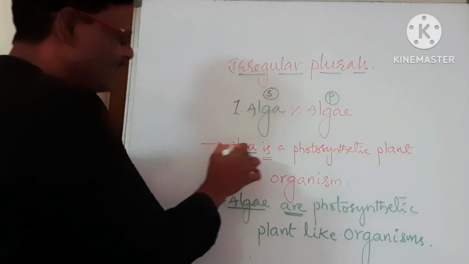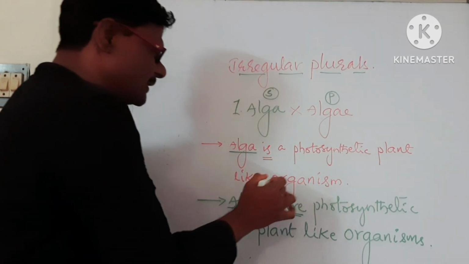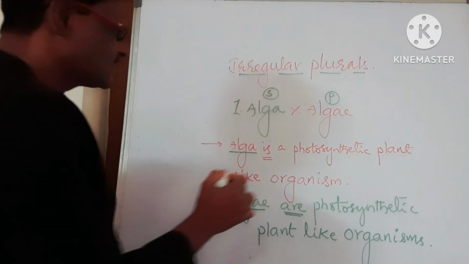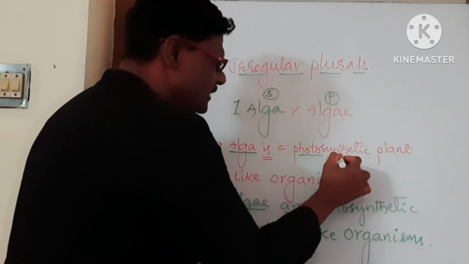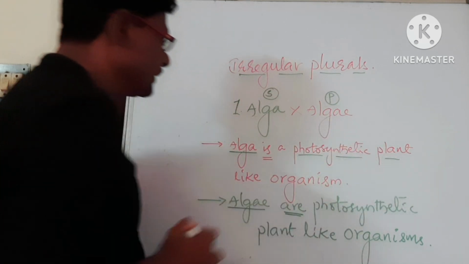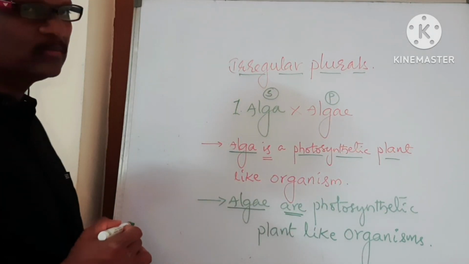So alga is a photosynthetic plant-like organism. Why is it called photosynthetic? You have already known, I think. It has chloroplasts. What is the pigment present?